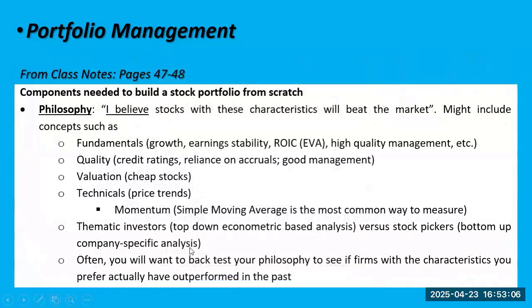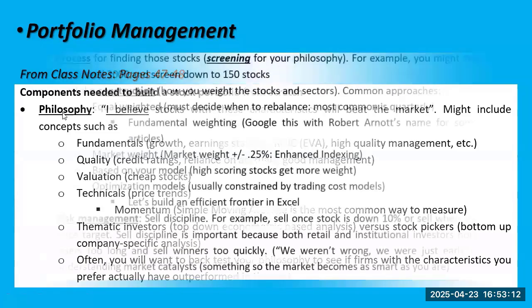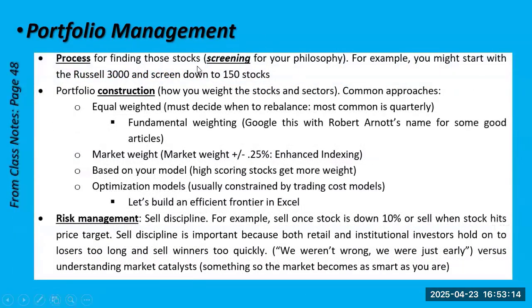Whatever's in your philosophy, if it's growth, if it's earning stability, it's return on capital, whatever it is, that needs to be part of your screening process. Now, your screening process can be the computer, or it can be you working individually on the stock, or it could be both.